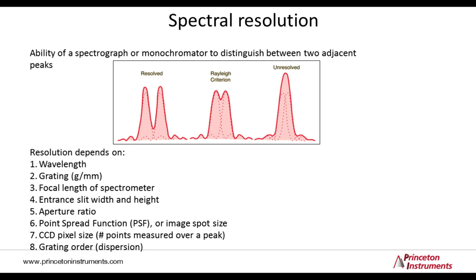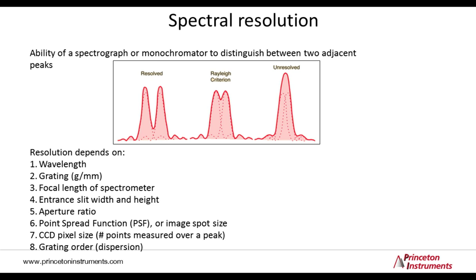So spectral resolution is the next part I wanted to mention. That's one of the main measures of the performance of a spectrograph, and it characterizes the ability of the spectrograph to distinguish two adjacent spectral peaks. There are many parameters that the spectral resolution depends on.